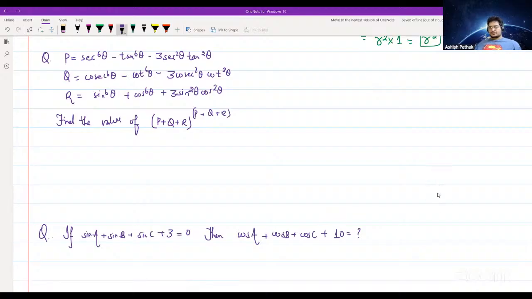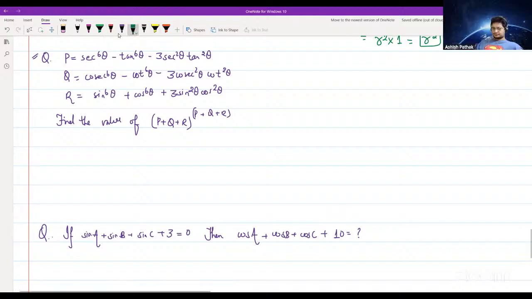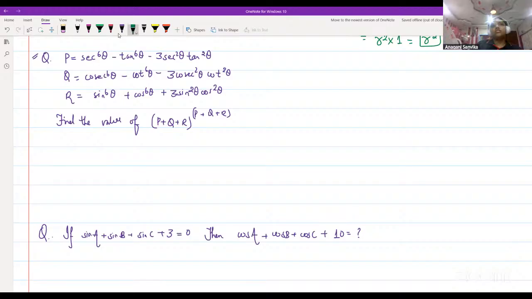Have you understood the first question, this one? How will you solve? By taking common? Don't think in that way. You are having only three tools here: sec square theta minus tan square theta, and sine square theta plus cos square theta.